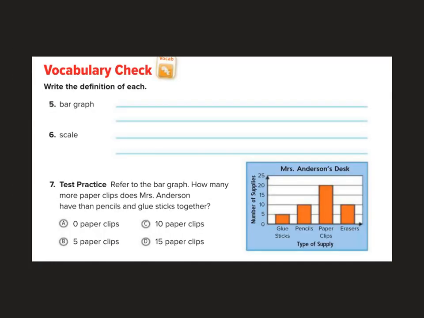Okay, let's do some vocabulary checks here. Write the definition of each. A bar graph uses bars to represent data. I don't know, it's a pretty simple definition, but. And a scale.